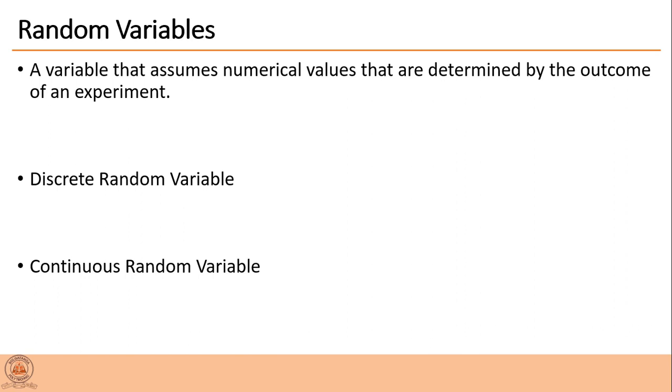Why the distinction? Let's denote x as the random variable. If x is a discrete random variable, then it takes only a countable number of values. This means in practice that we may consider a list of possible outcomes.